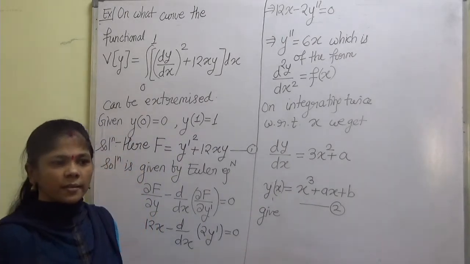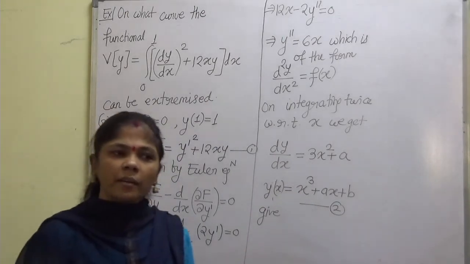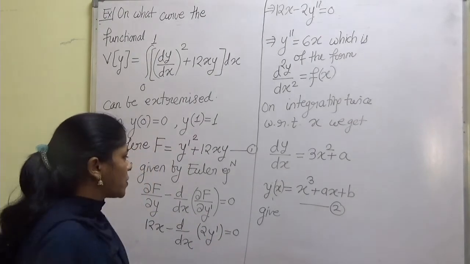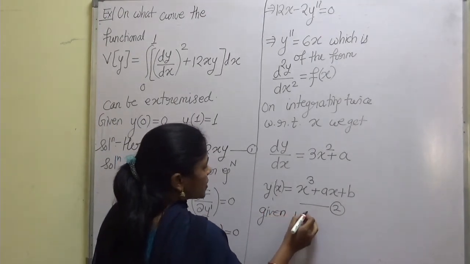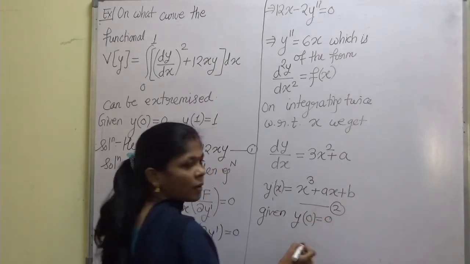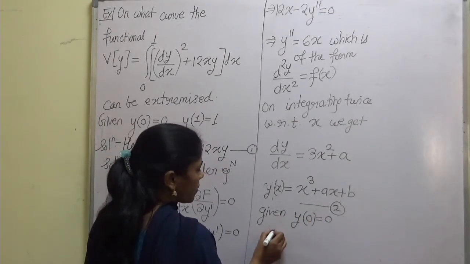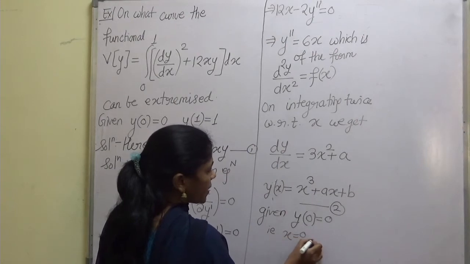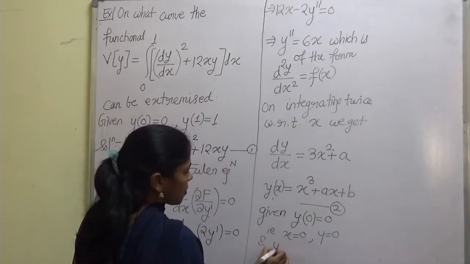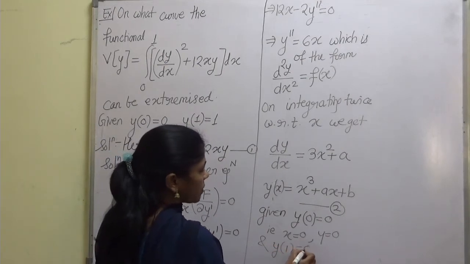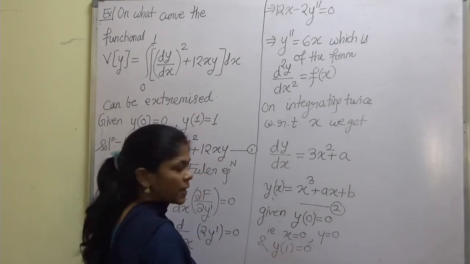Y depends on x, so even though we write it as y, it can be written as y of x. So given y of 0 equal to 0, that means x is 0, at that time y is 0, and y of 1 is given.